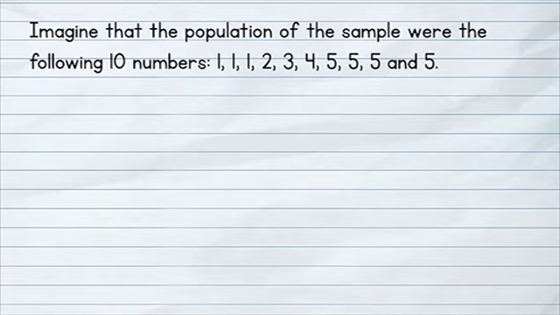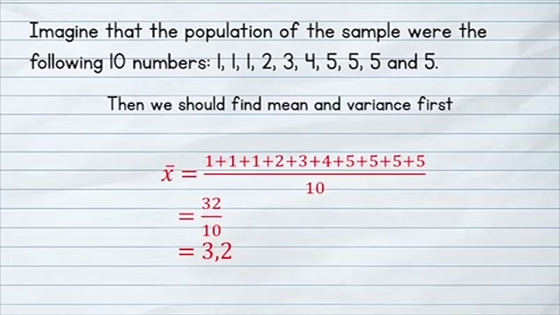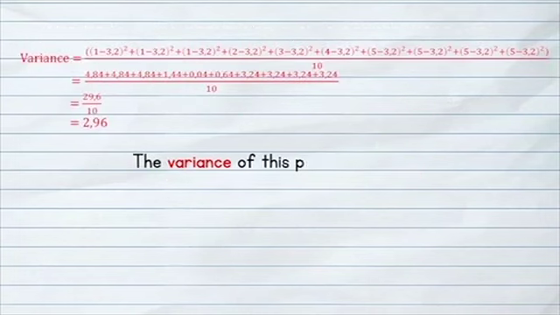Clearly the numbers are the same, but there is a concentration around the two extremes of the dataset, which are 1 and 5. After we calculate, the value of the mean is 3.2 and the value of variance is 2.96. So, the sample variance has rightfully been corrected upwards in order to reflect the higher potential variability. This is the reason why there are different formulas for sample and population.